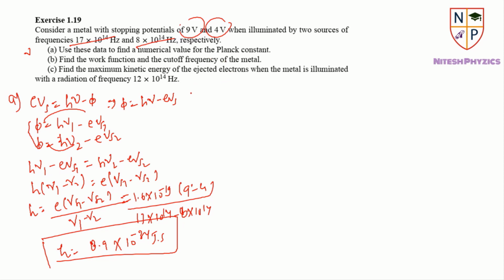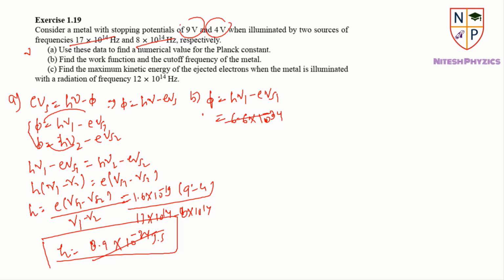Okay. Now find the work function and the cutoff frequency of the metal. So we can easily calculate the work function. We know phi is equal to, for the first, h nu 1 minus eV_S1. When the values are given, we can use the value of h as around 8.9 into 10 to the minus 34 joule second, from the given calculation.